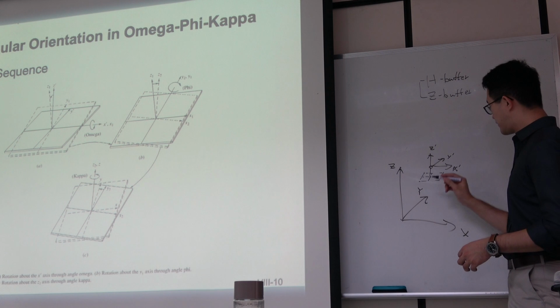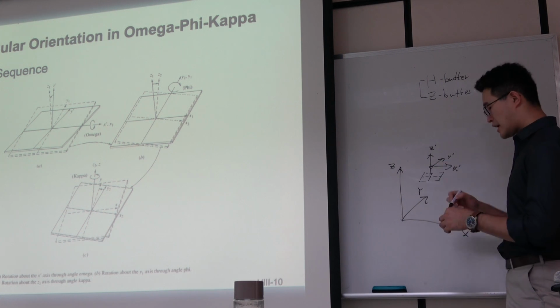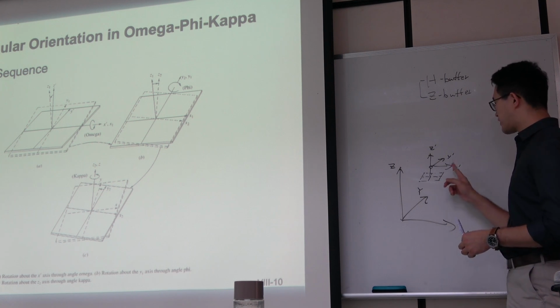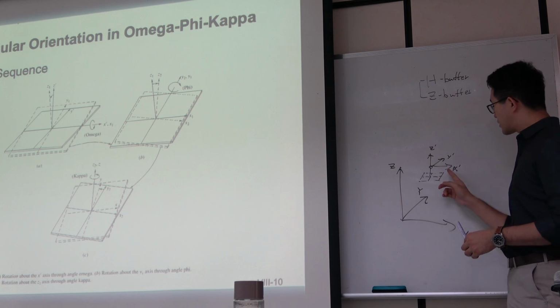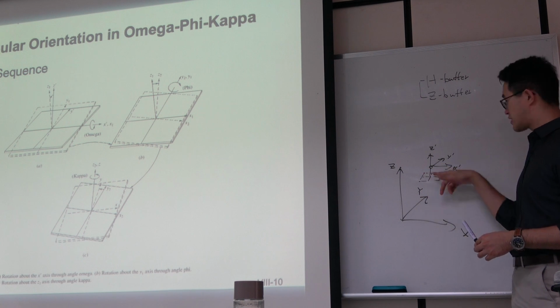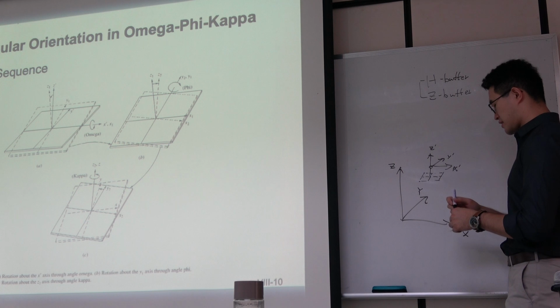If your omega phi kappa is 0, then it is a vertical photo. Okay. So basically that's the case.